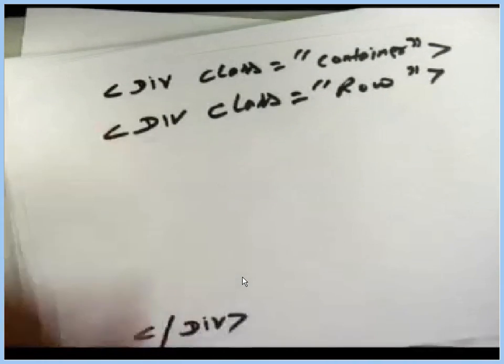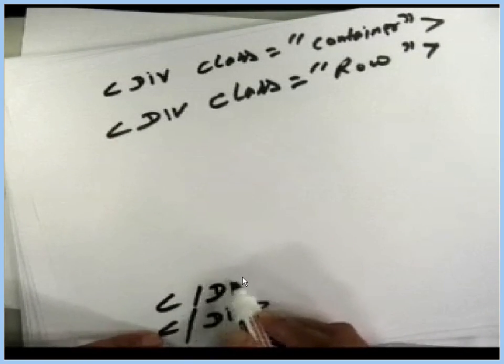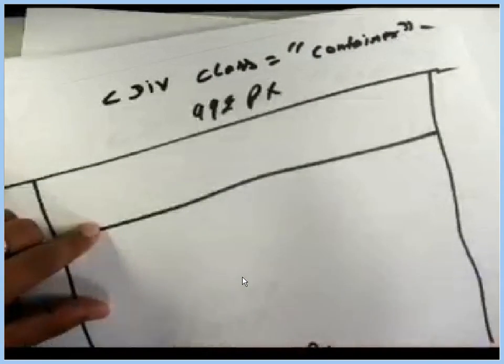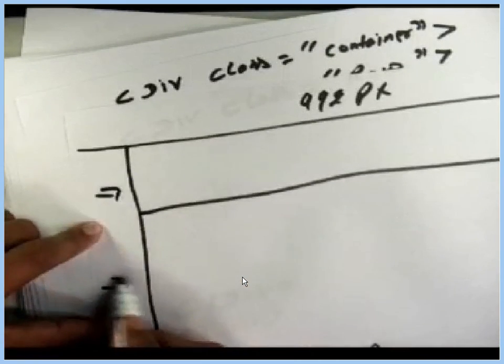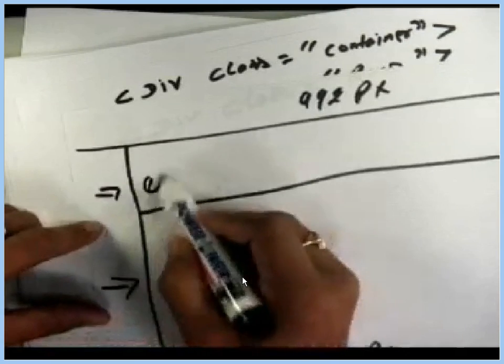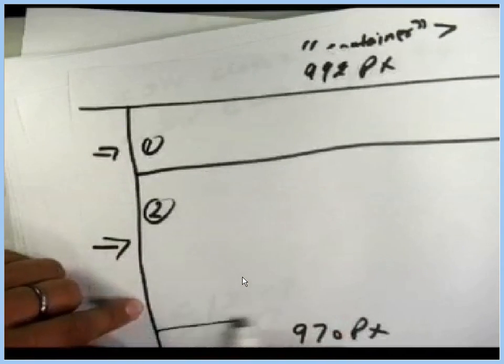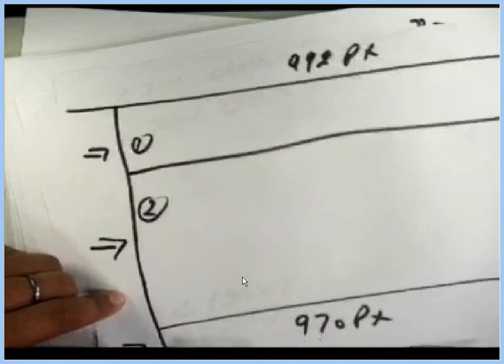If I add only one div, it means the whole page has only one row. But as you can see, this time I have 2 rows, and maybe I want to make another row for my footer, so it means I have 3 rows.